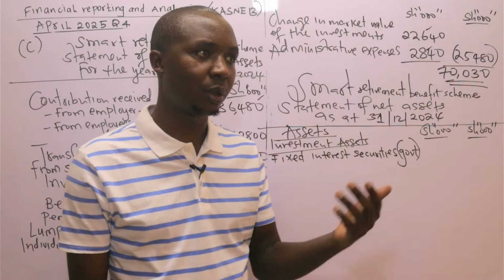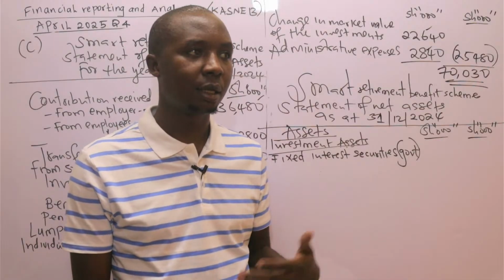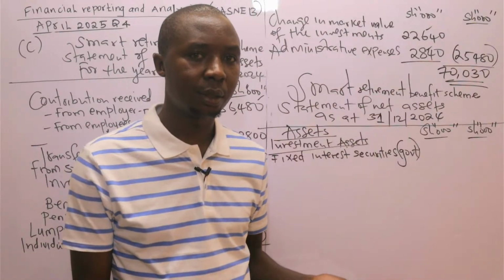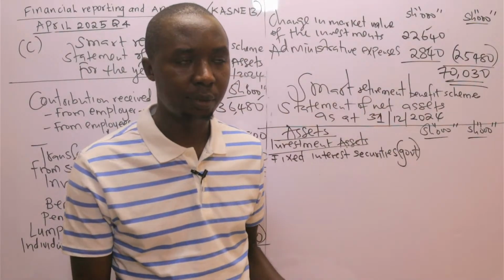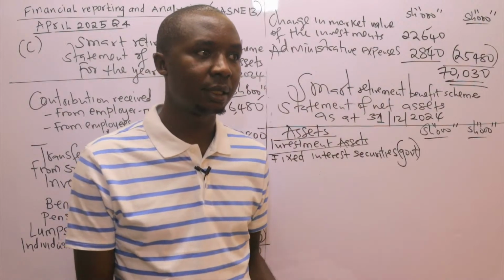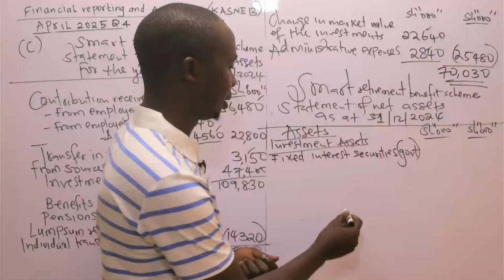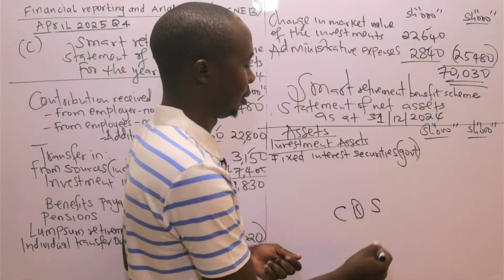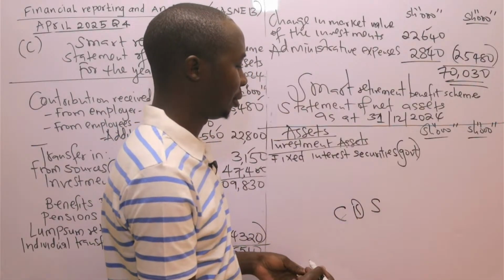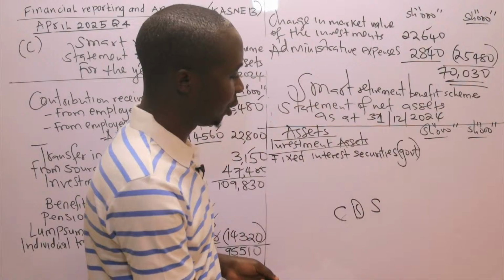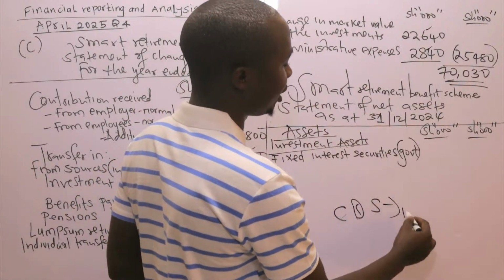So how would you be able to acquire these securities? You have to have a CDS account. CDS is a Central Depository System account, with an account which is called DHouse CSD.